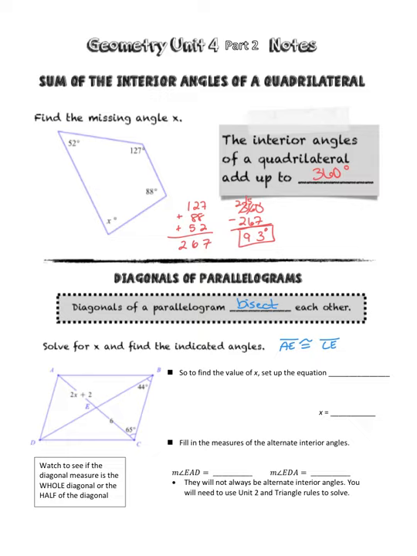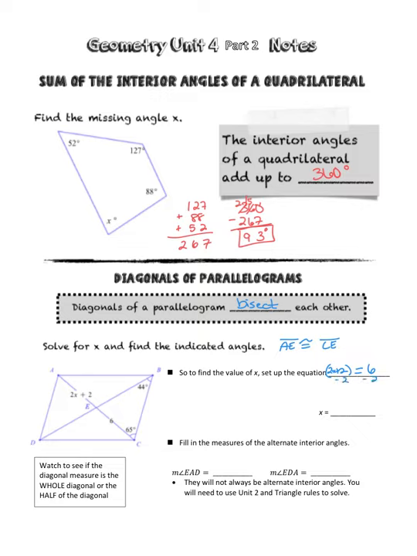So if we know that CE is 6, and AE is 2x plus 2, there's our equation. 2x plus 2 equals 6.